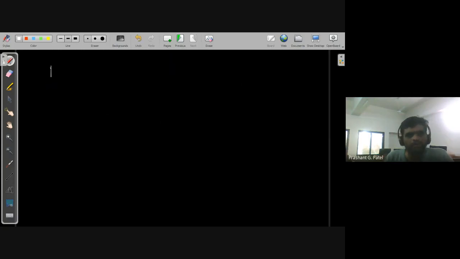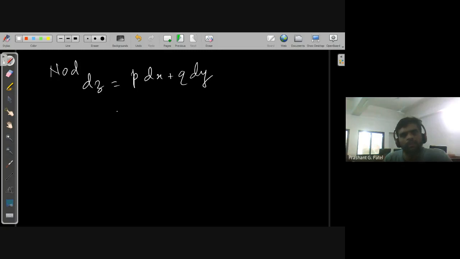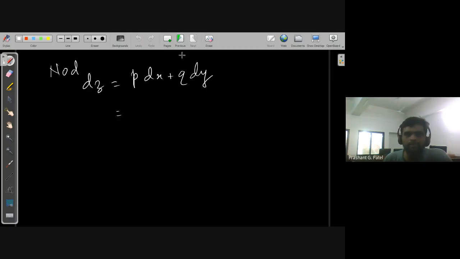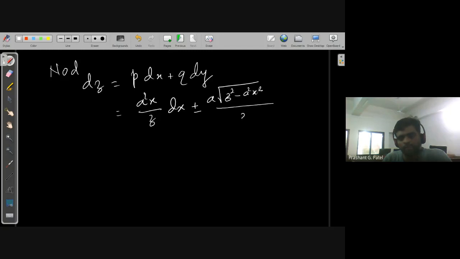Now the Pfaffian equation is dz is equal to p dx plus q dy. P is this value, a square x upon z, dx, plus q, that is plus or minus a into square root of z square minus a square x square upon z, dy.